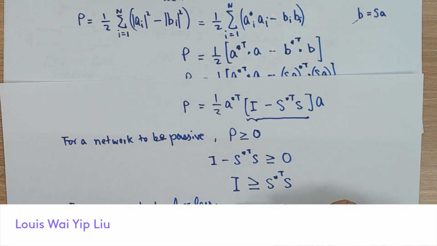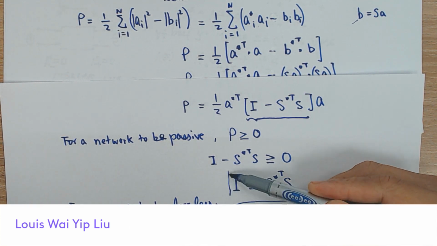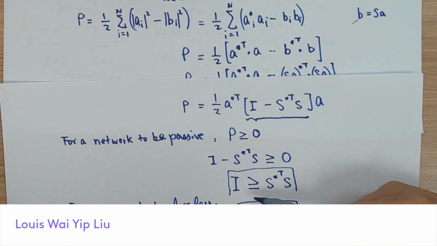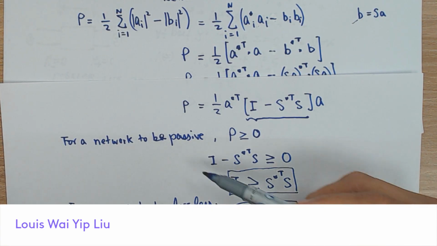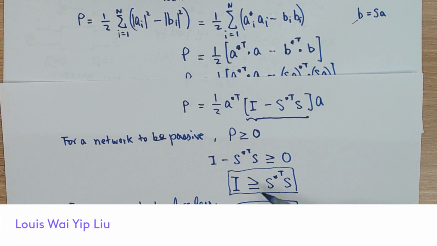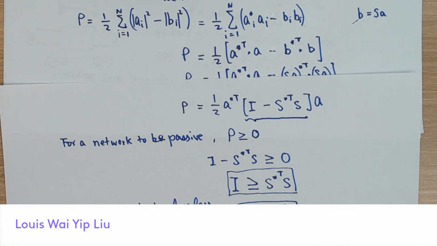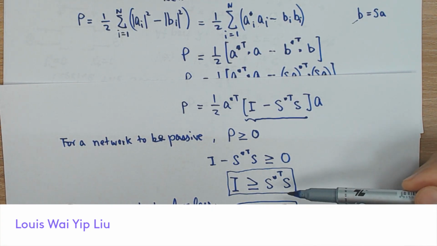This is the criterion for the network to be lossless. This criterion makes sure the network is passive. If the network is not passive, then you will never get this; you will end up with a value greater than 1. So all the elements here have to be carefully considered.